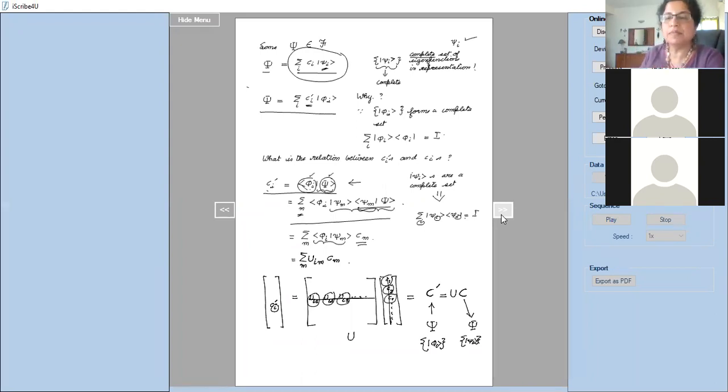Is this clear? You can also write it as psi prime if need be. We have written it both as psi over here, but that is the way you understand. So this, please remember, is a matrix transformation from one to the other. Is this clear?